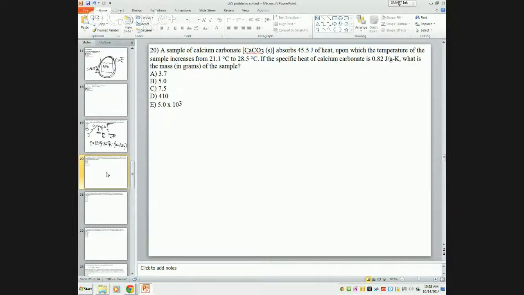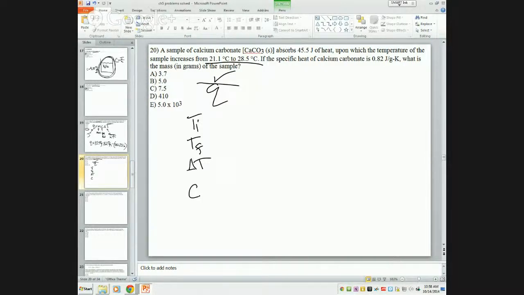All right, 20. Same problem, but different. A sample of calcium carbonate absorbs that much heat. So what do I know? I know my Q, upon which the temperature of the sample increases from that to that. So I know T initial and T final, so I can figure out the change in T. It says what the specific heat is.